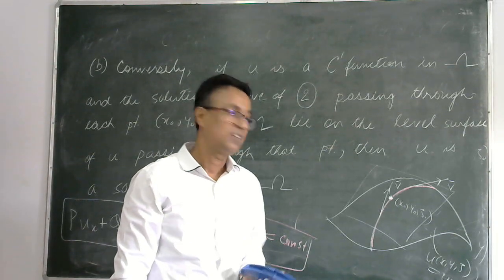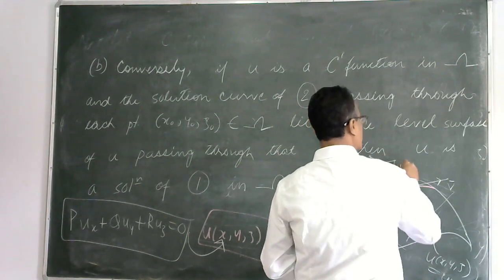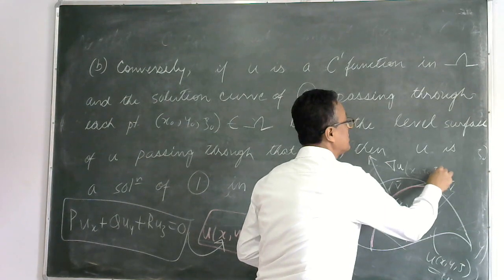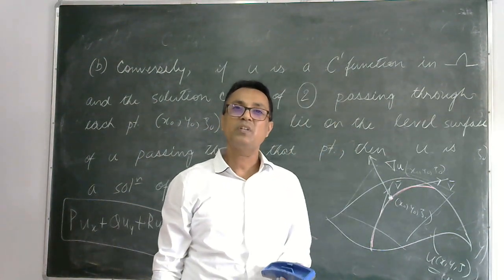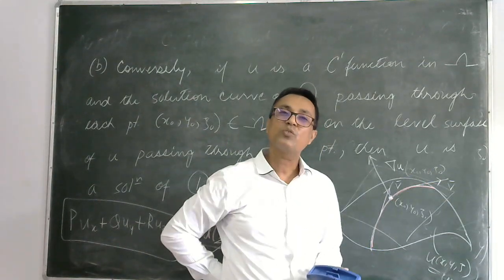So that means grad u at that point x naught, y naught, z naught is going to be a normal, right? So that means grad u dot v is going to give you 0.